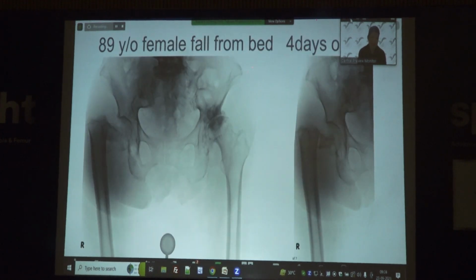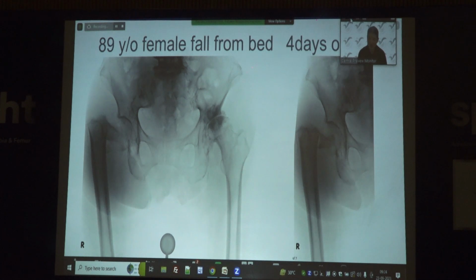So here's a case with a 90-year-old female who fell from the bed. She was 4 days out. Typically when patients are brought to my hospital, we always start by giving the fascia iliaca compartment block, which is a kind of nerve block that minimizes the pain. And before taking an X-ray, we always do this procedure and get the fracture view, so we could get a kind of image during the operation.